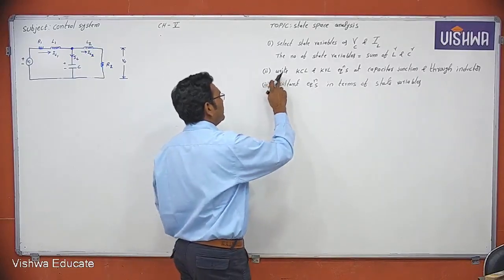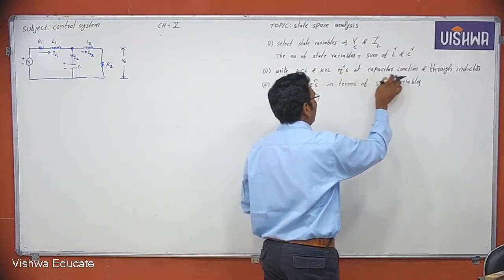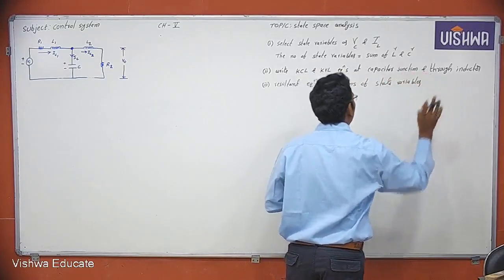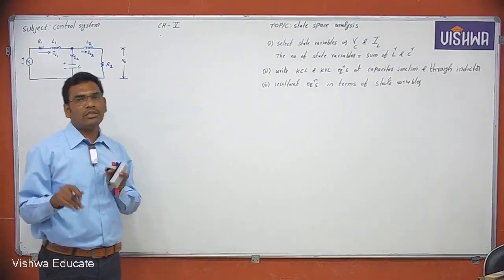The second thing is to apply KCL and KVL equations at the capacitor junction and through the inductor. In the loop you write KVL, at the junction you write KCL.